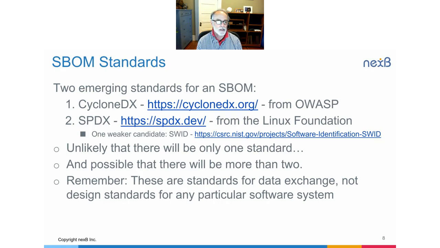The main candidates are CycloneDX, which came from OWASP and has a security focus, and SPDX from the Linux Foundation, which has a licensing focus. We do not expect a single standard. Hopefully there'll only be two, maybe three.